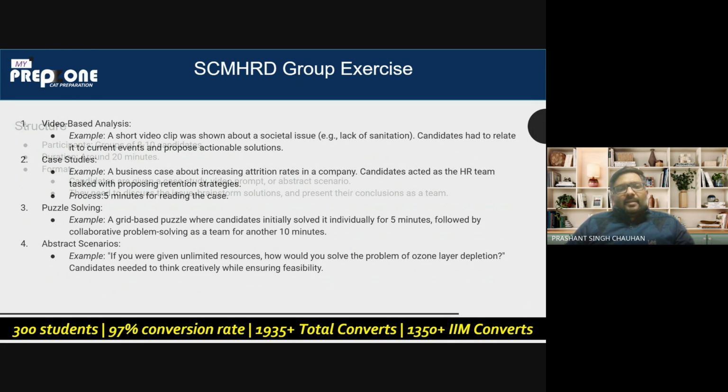Then case studies: again you get 5 minutes to read the case and work on it. Suppose in that case the company attrition rate is increasing, so what all things are you going to do? Puzzles: you can be given any puzzle, a grid based puzzle, or some abstract scenarios. These are some of the SCMHRD group exercise examples that I have seen in the past, and I'm putting them here for the help of everyone.